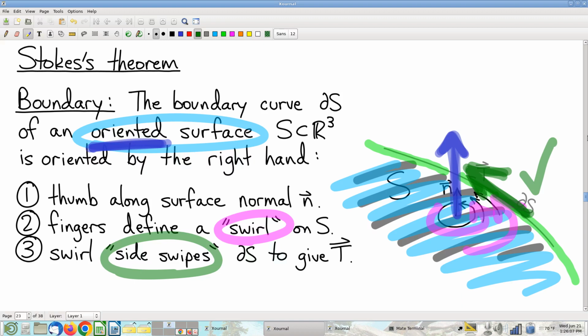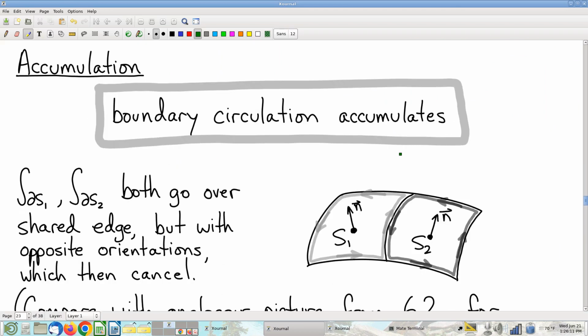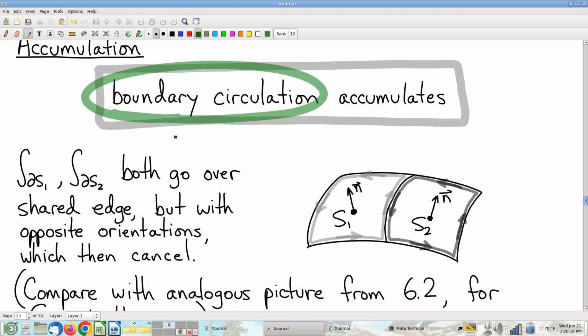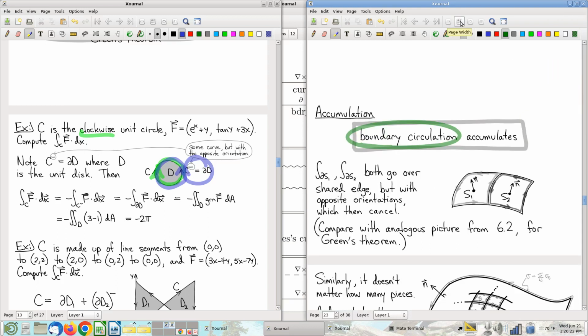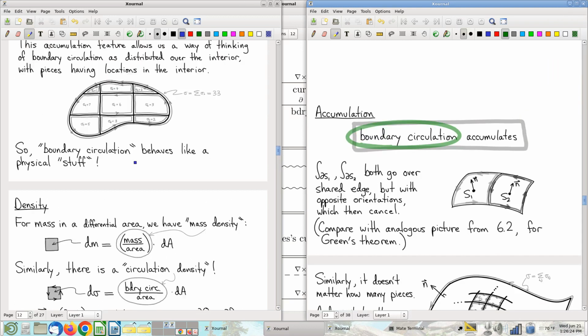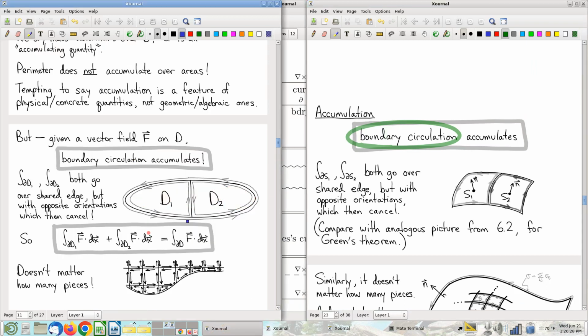All right, so there's the convention on orientation. We're back to thinking about boundary circulation, just like in Green's theorem. And I want to go back to where we were doing Green's theorem, and you'll even notice that the picture is really reminiscent, right?